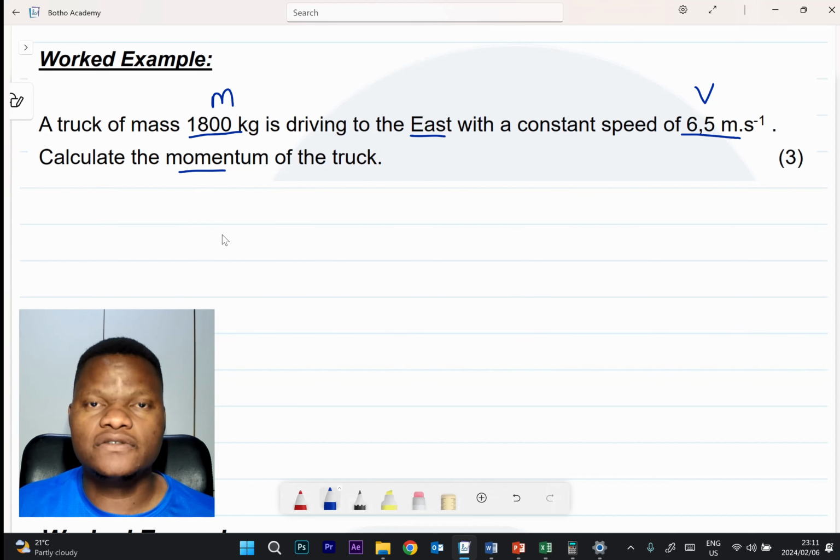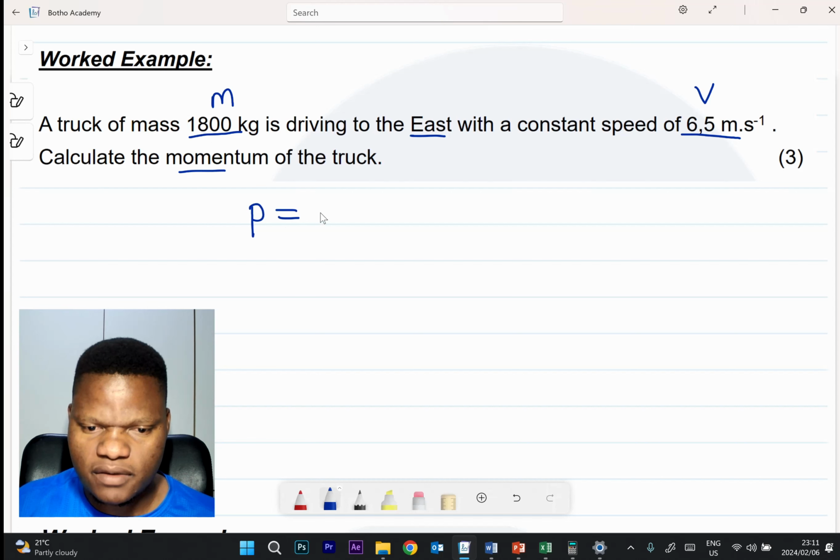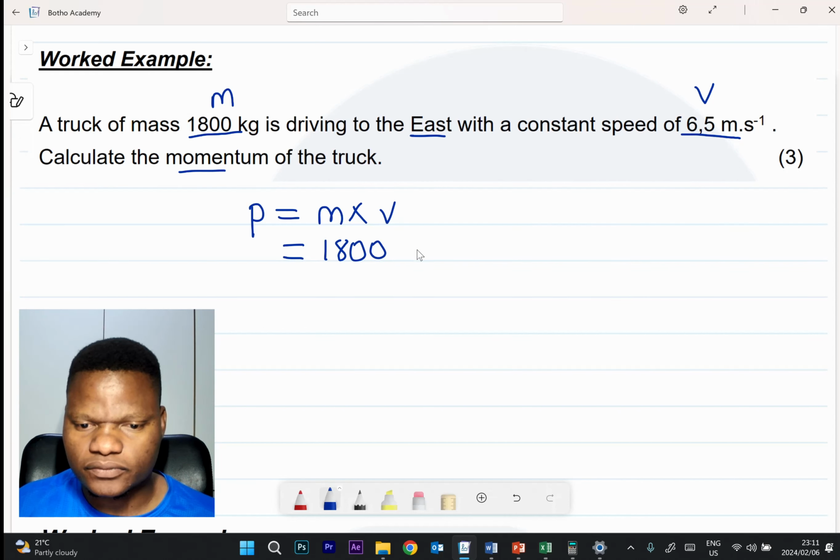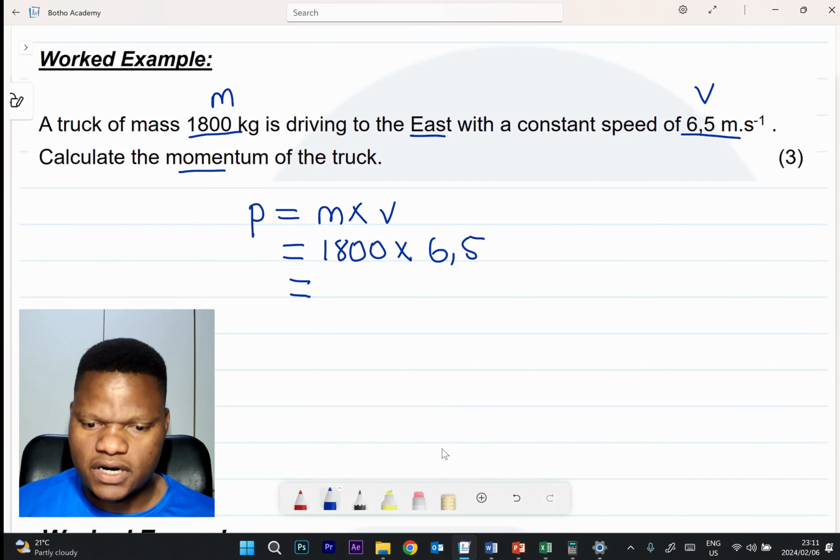We've just learned that momentum p = m multiplied by v. So we substitute: the mass is 1,800 multiplied by 6.5, and we get our answer.